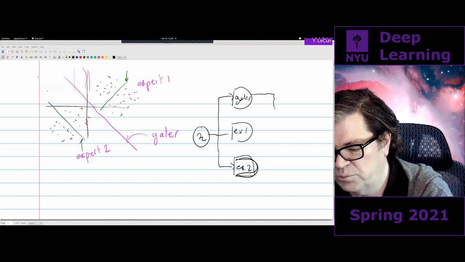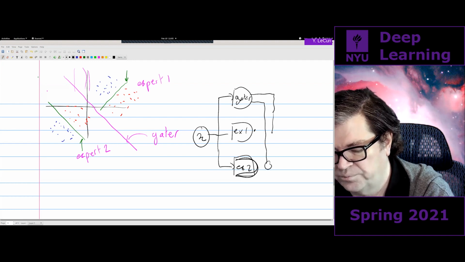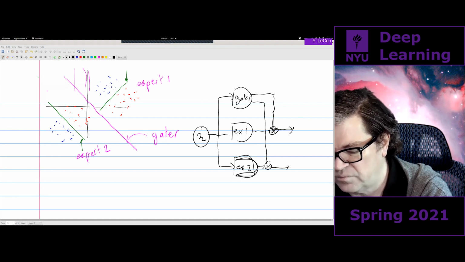And then the gator has 2 outputs. Those 2 outputs are weights between 0 and 1 that sum to 1. So you multiply the outputs of each of the experts, which are vectors, by those two weights, and you sum up the results.